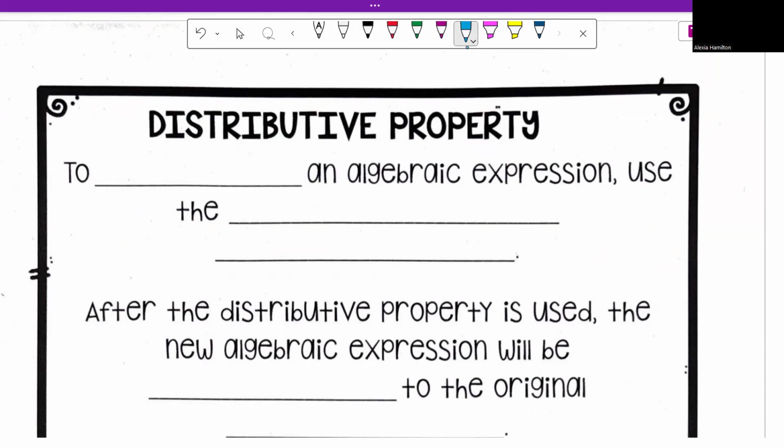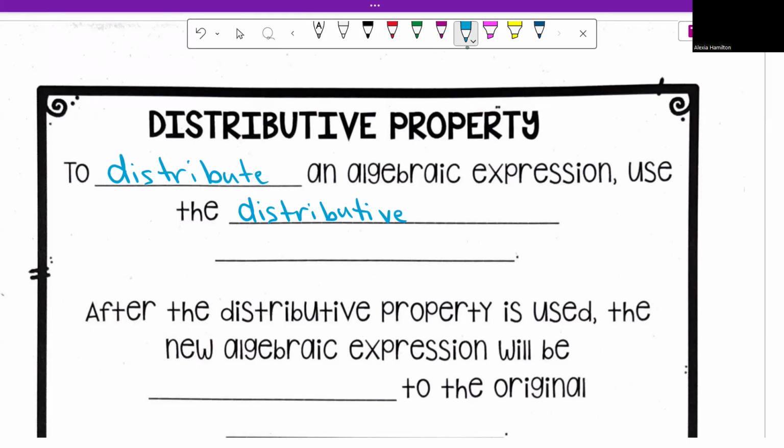So distributive property, to distribute. This is one of the classic math definitions. To distribute an algebraic expression, use something that is called the distributive property. Doesn't really tell you a whole lot. But if you are distributing something, you are passing it out. Like when I distribute papers to the class, I make sure every single student has a paper.